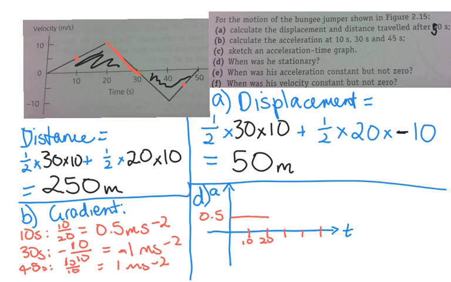Between 20 and 40, our acceleration is negative 1. Sorry, my scale is not to scale, because I ran out of room on my screen. And then from 40 to 50, the acceleration is again constant at 1. I'm going to stick that up there.